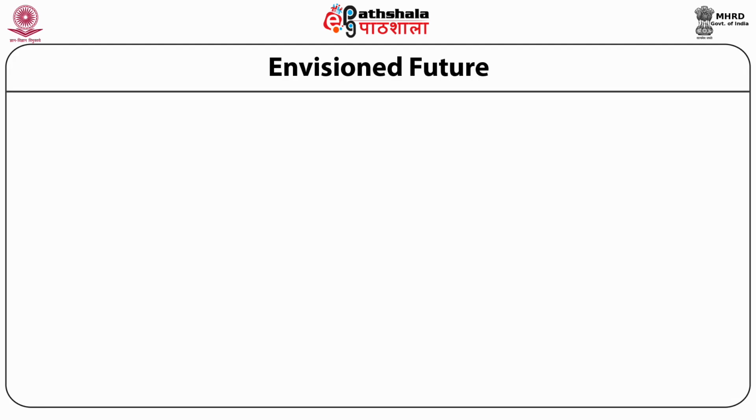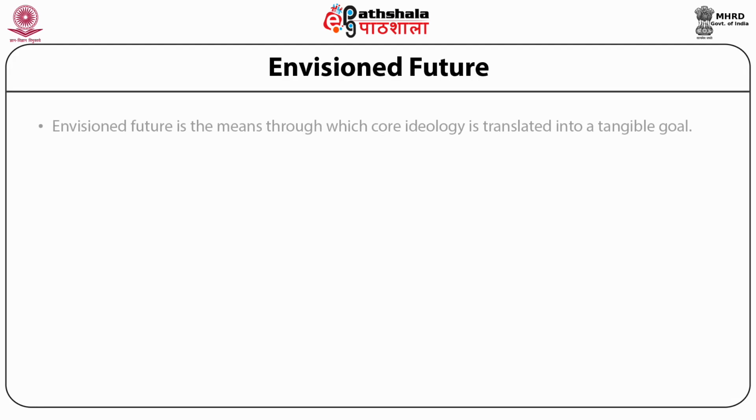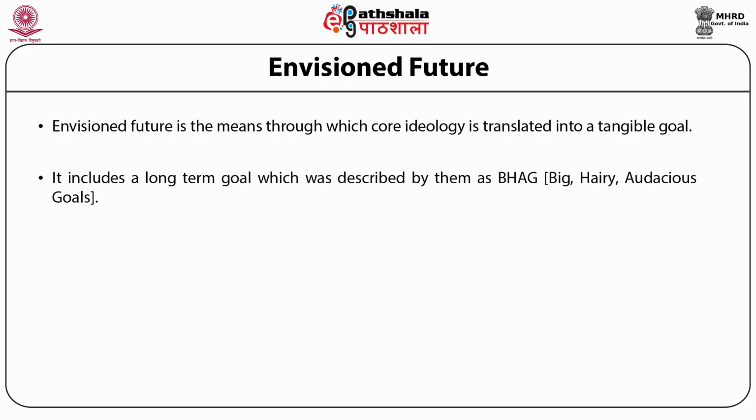Right? So, after discussing the core ideology, let us talk about the next dimension, which is the envisioned future. Envisioned future is the means through which core ideology is translated into a tangible goal. According to this particular model, the long-term goal is described as BHAG.